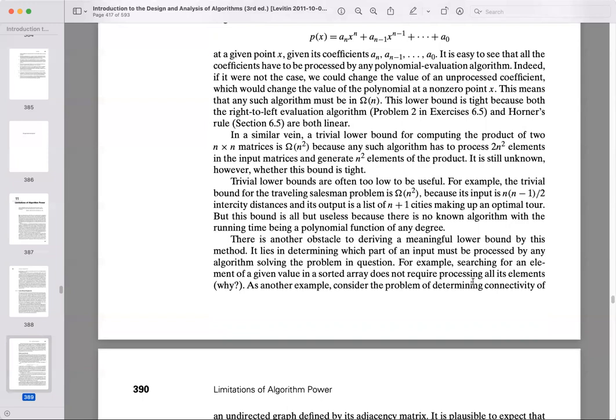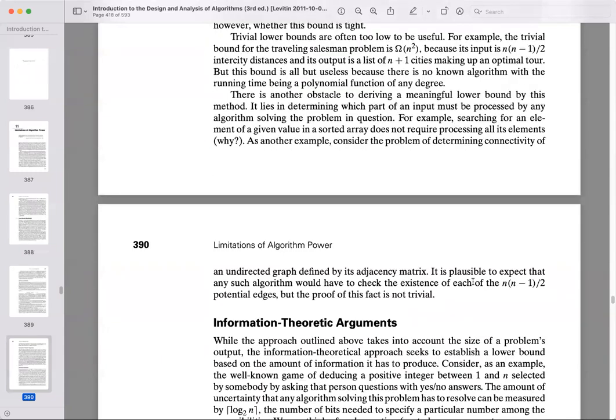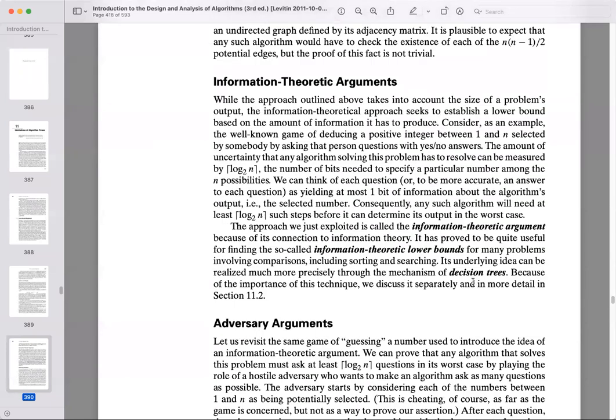But this bound is insane because there is no known algorithm that gets you anywhere close to that, okay? It's one of the real unsolved problems of computer science, okay? So that's one issue we have here, that it's a lower bound, but it could be way, way lower and not reflect the complexity of the program, okay?